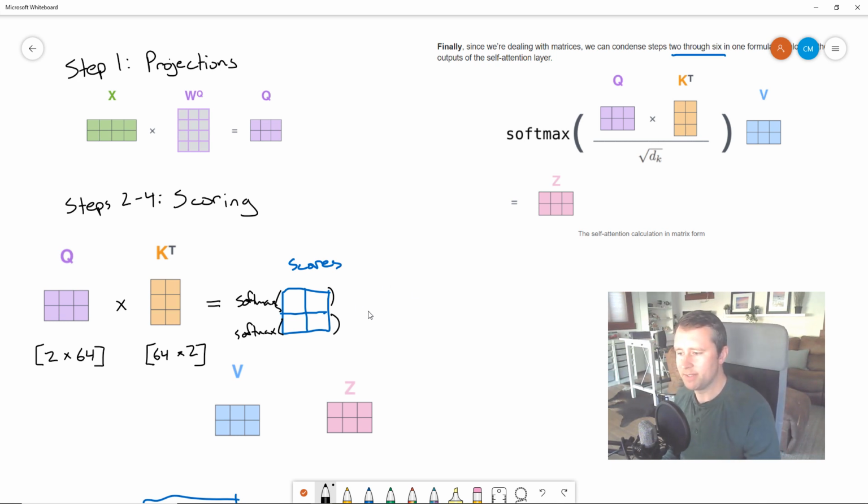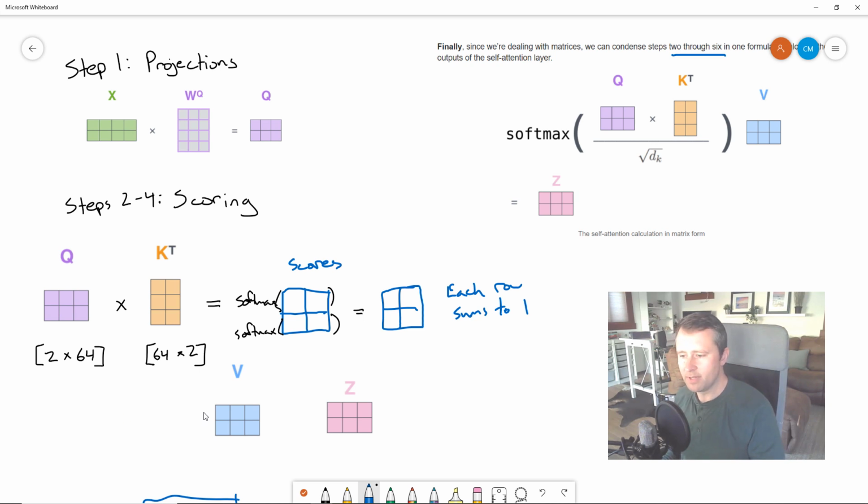All that does is give us the same 2 by 2 matrix, but now each row sums to 1. This score matrix isn't in the picture up here, and I think that made things a little too confusing for me.